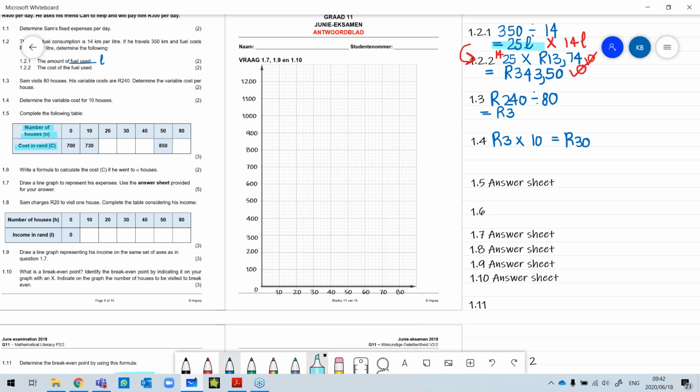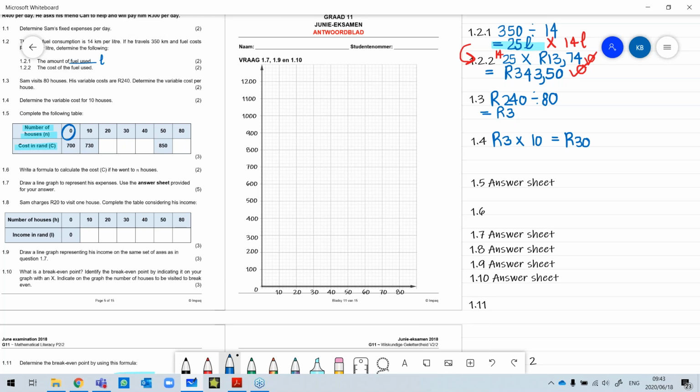So first of all, we determine that by looking at the information in the table. If he visits 0 houses, he still has a fixed expense of 700 Rand. Then, depending on how many houses he visits, he has a variable cost of 3 Rand per house.